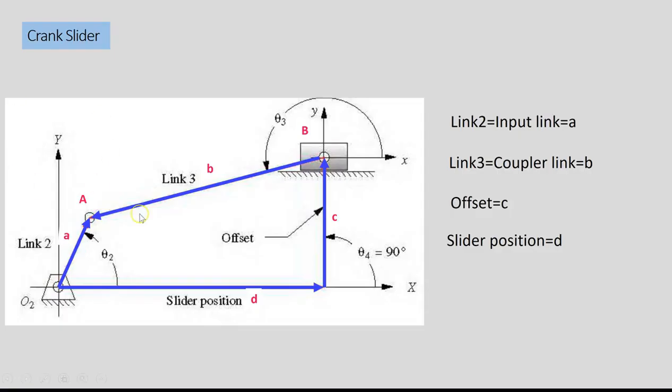Alright, so this is a typical crank slider where O2 is a fixed pin joint, link 2 is an input link. B is a slider.